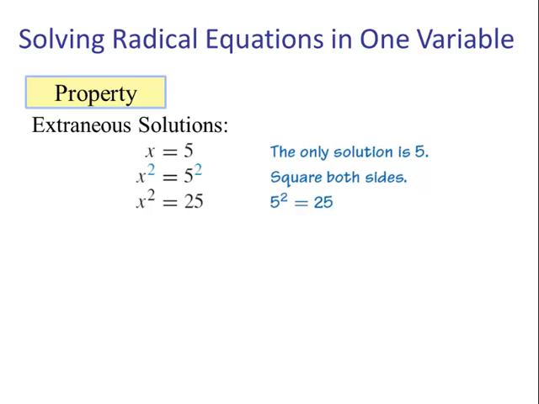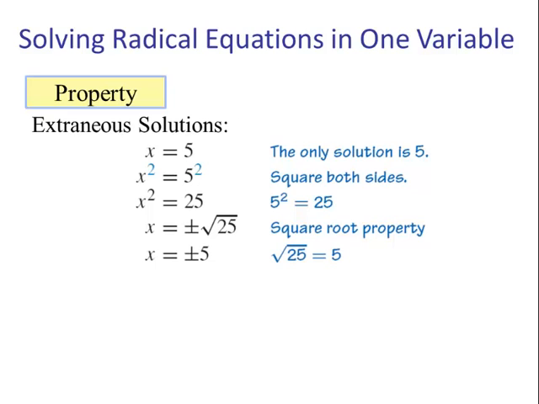We did these types of equations when we talked about quadratic equations. So x equals plus or minus the square root of 25, which means x is equal to plus or minus 5. But there's a problem: this has two solutions, and we really only started with one. So we introduced negative 5 as a solution that really is not a solution.